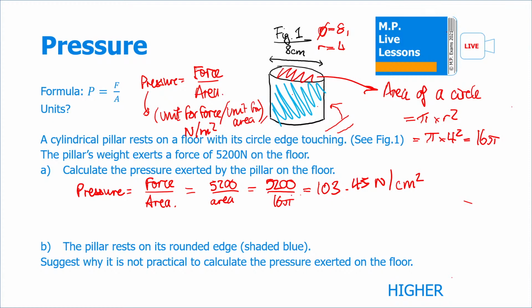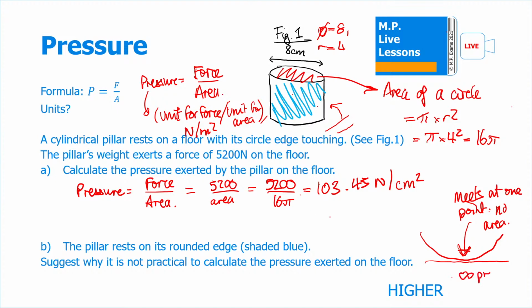If you've got a rounded edge like this, and a flat surface, it just meets at one point. So practically it has no area. So actually, there'd be infinite pressure, which doesn't make sense, because anything divided by 0 would usually go to infinity.